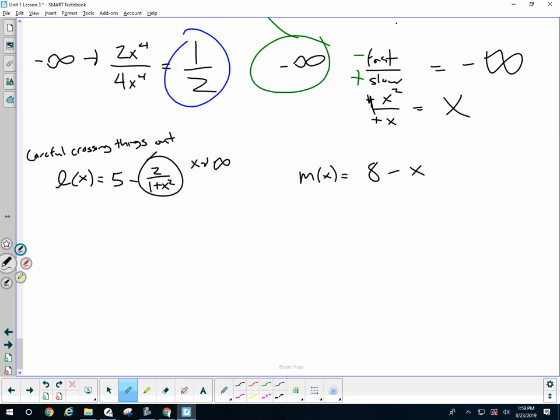This one. Very small number approaching which value? 0. Okay, so as x approaches infinity, this is approaching 0. Well, if I cross this off, my answer would be 0. But no, I have 5 minus 0. That's 5. If I went in the negative direction, it'd be the same.